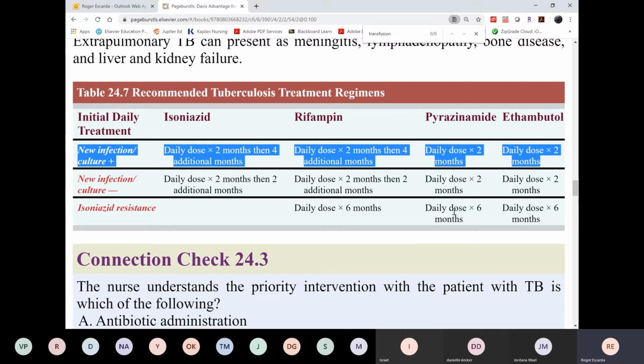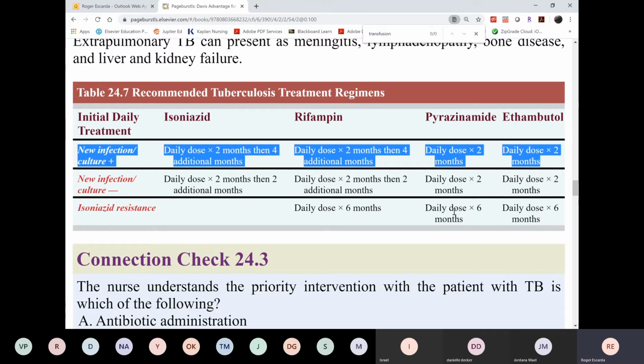INH, rifampin, pyrazinamide, and ethambutol are taken daily for 2 months, right? So for 2 months, how many drugs are you taking? 4. So every day for 2 months, you'll be taking 4 pills: INH, rifampin, PZA, and ethambutol.